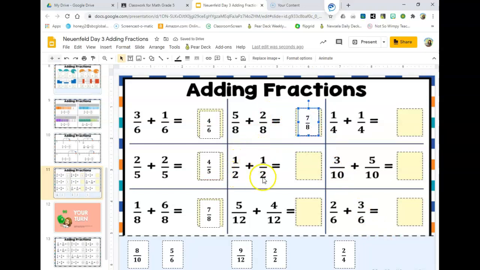1/2 plus 1/2, well, 1 plus 1 equals 2, and the denominator stays 2. Don't forget, 2 over 2 is the same thing as, that's right, 1.